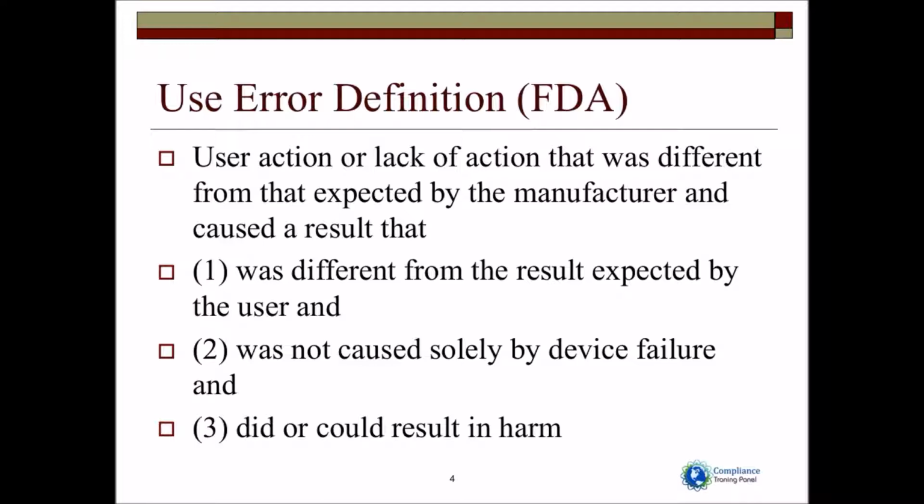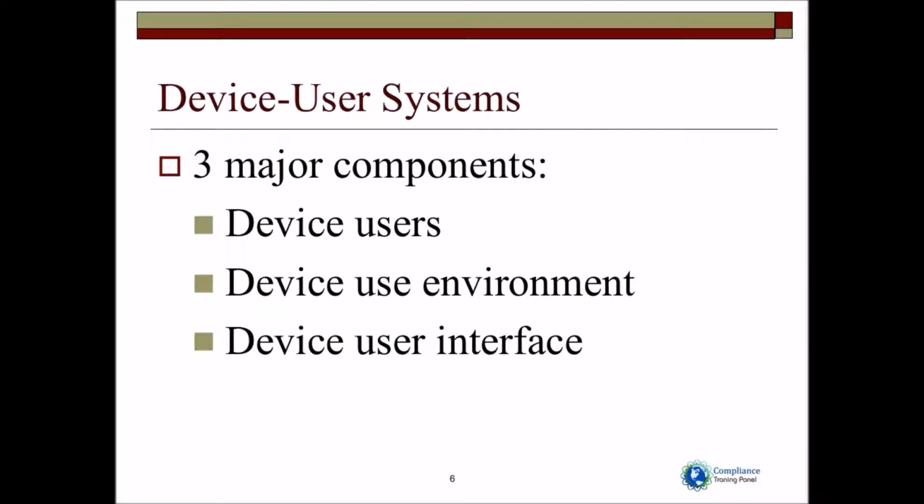And the third part of the definition, did or could result in harm. There are three major components to the device user system that interact and create problems: the device users, the use environment, and the device user interface.